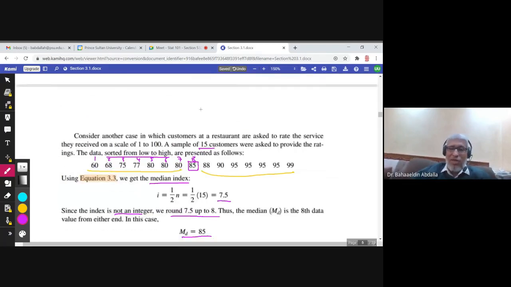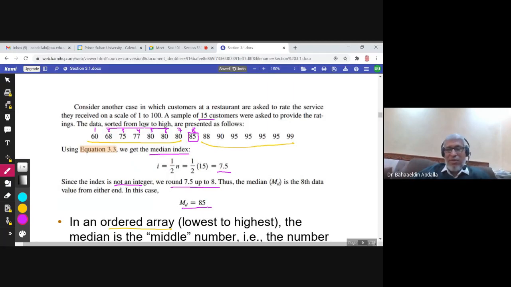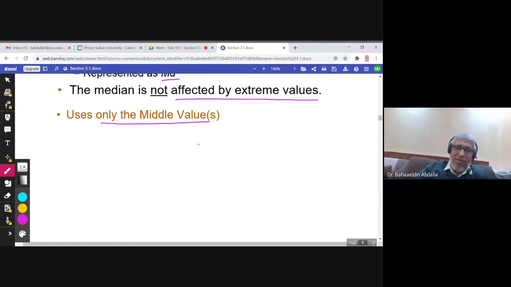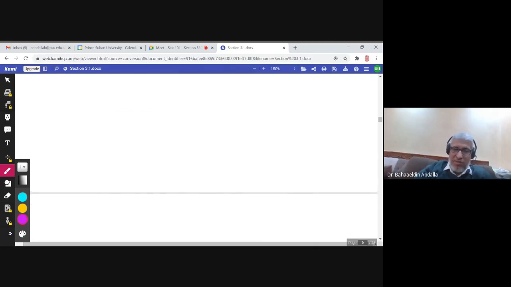In this question, I used 85 only, and I did not care about all the other numbers, except I arranged them. So if this is 99 or 99,000 or 99 million, I don't care really. The answer would be 85, the median, because I used only the middle value in this case, or the middle values if n is even.